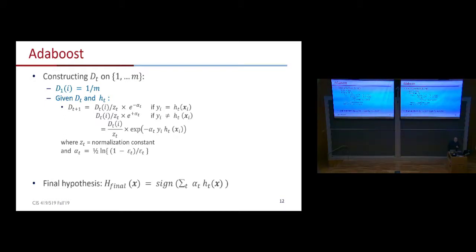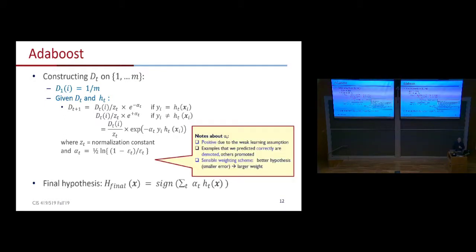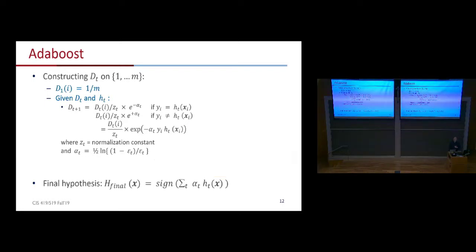Okay, so first of all, what is this alpha t? What can you say about alpha t? So the first point I want to make is that the weak learning assumption means that this alpha t is a positive number. Why is that? So let's just focus on this alpha t. What do you know about epsilon t?